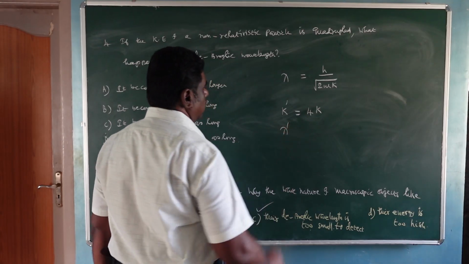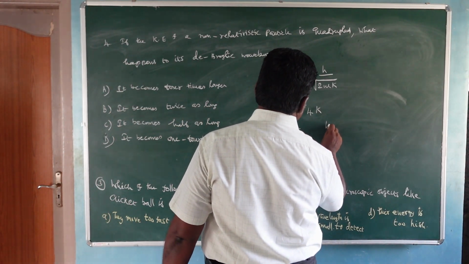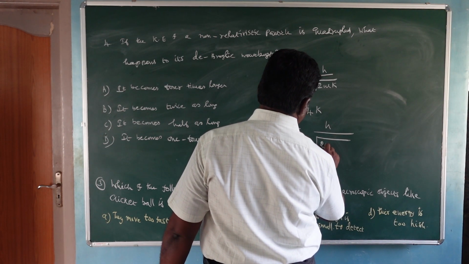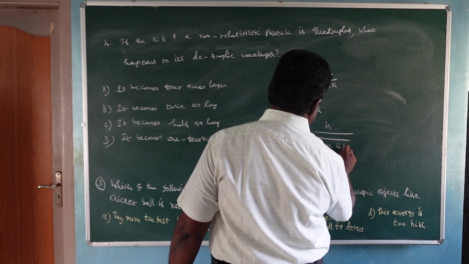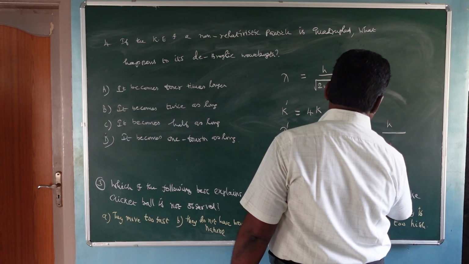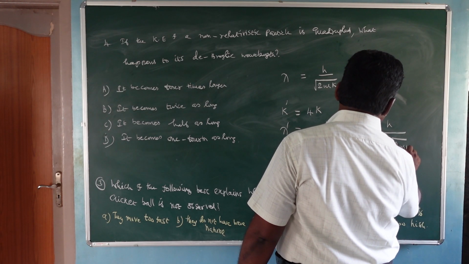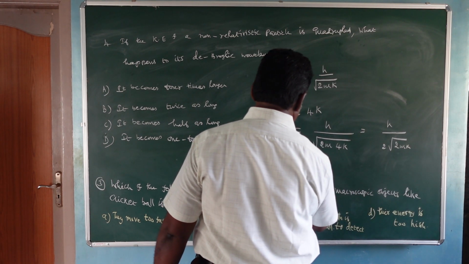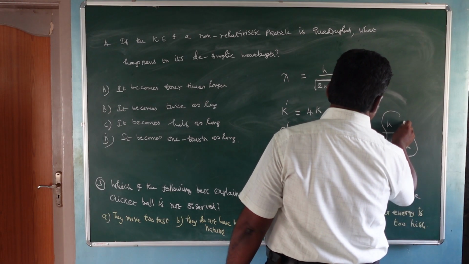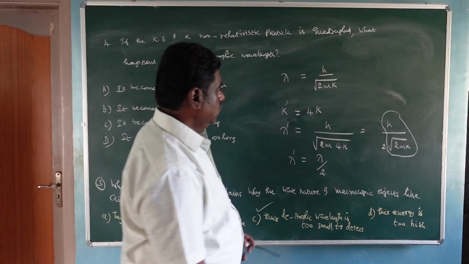Then the new wavelength, lambda dash, is equal to h divided by root of 2m into 4K, which is equal to h divided by 2 root 2mK.